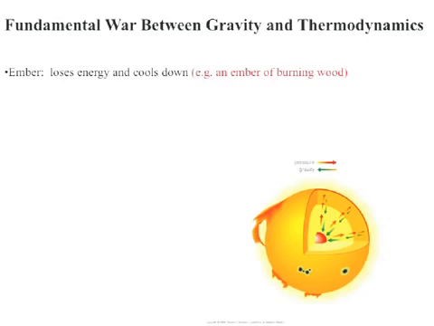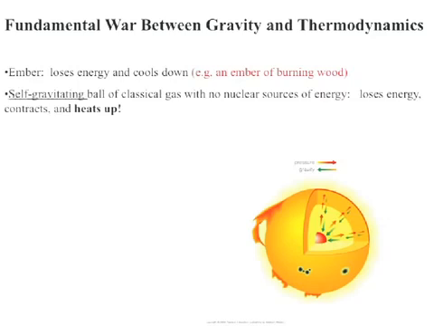Now, a self-gravitating star, on the other hand, is very different. A self-gravitating ball of gas, no source of energy. Suppose you imagine the sun has no source of energy, or anything self-gravitating, the Earth and whatnot. As you shrink it, it heats up. And that's completely opposite of a classical ember, an ember of coal.